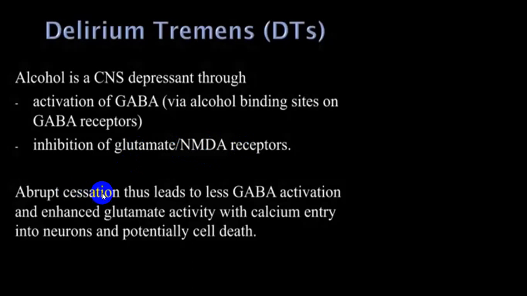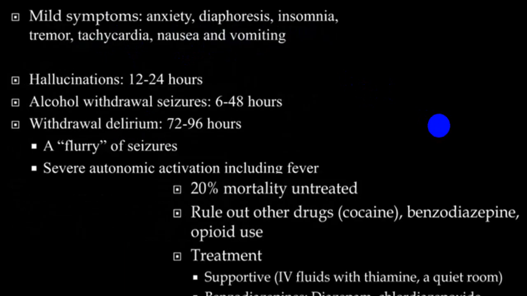Abrupt cessation will lead to less GABA activation and enhanced glutamate activity with calcium entry into the neuronal cells, and potentially that cell will die. So during that withdrawal, the person will develop severe delirium and there will be tremors. That is described as delirium tremens, and this is a medical emergency.